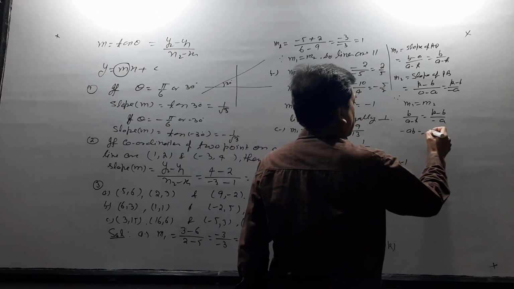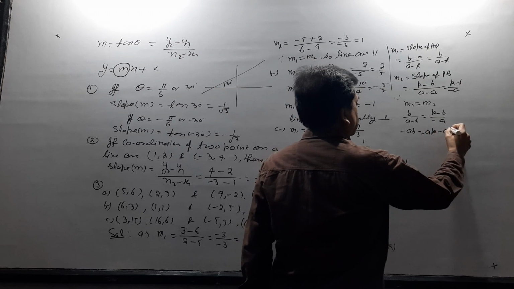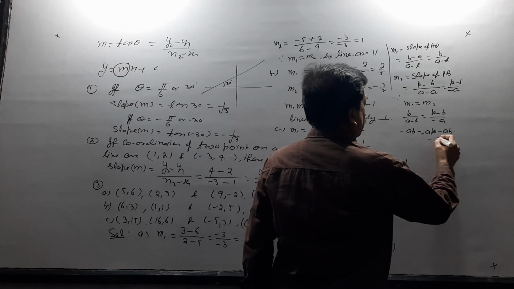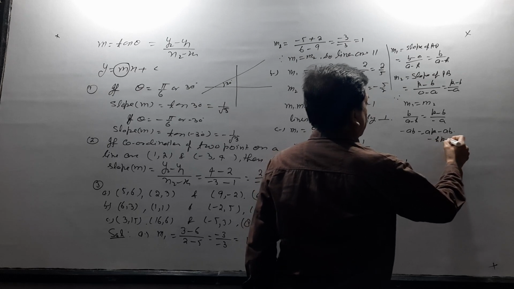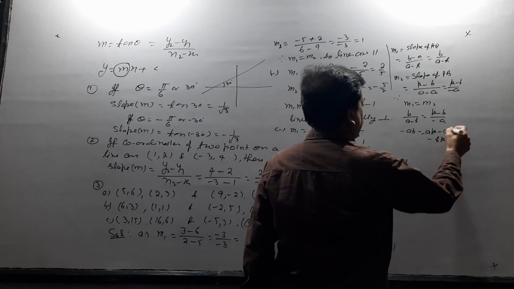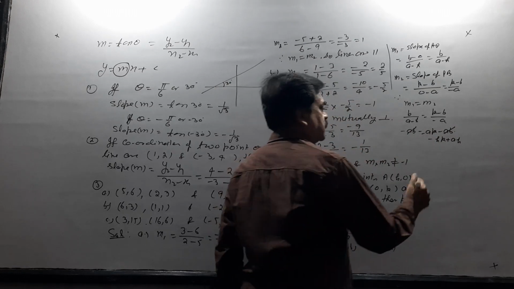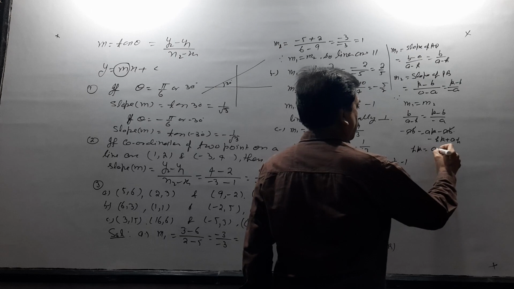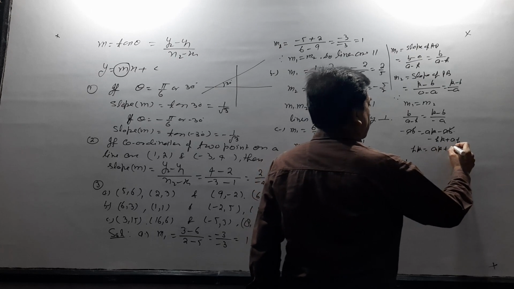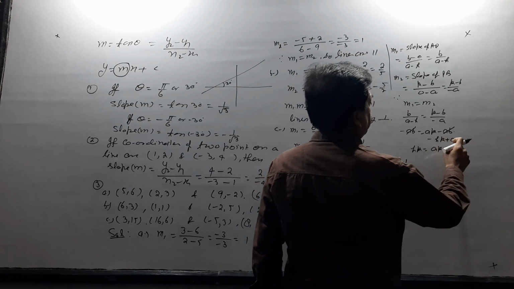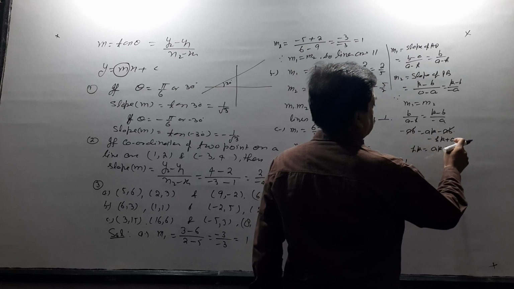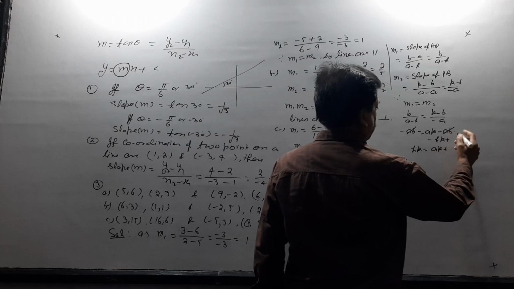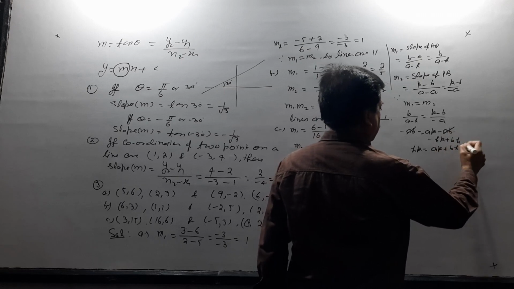Minus ab, ak, minus ab, minus hk, and plus bh. Minus ab from both sides will cancel and transfer this hk to this side. hk equals ak plus bh.